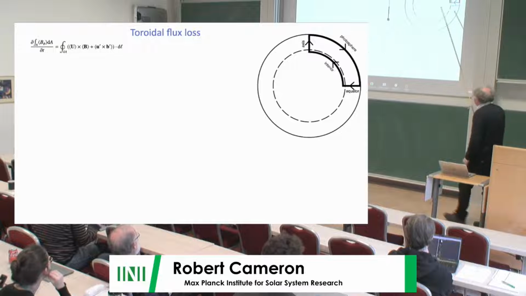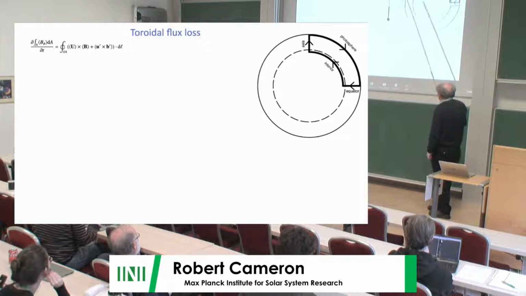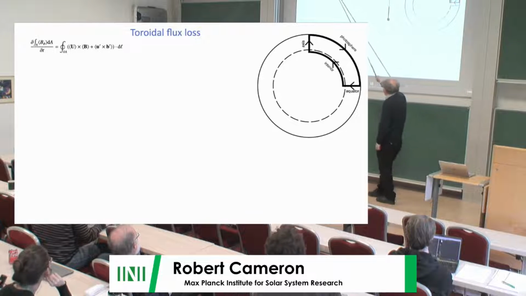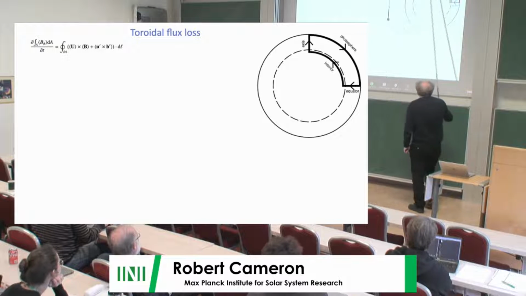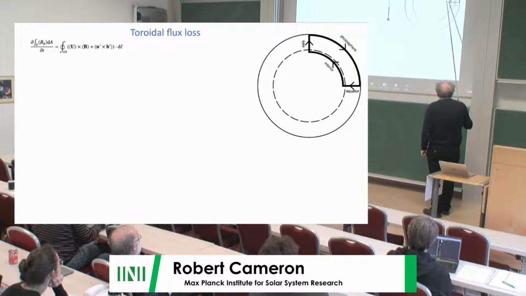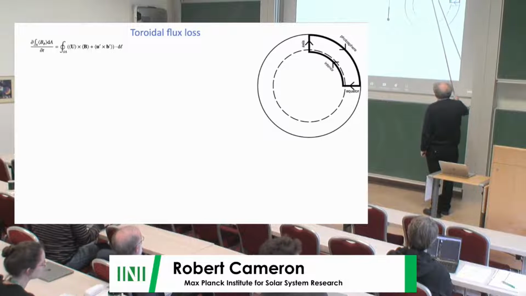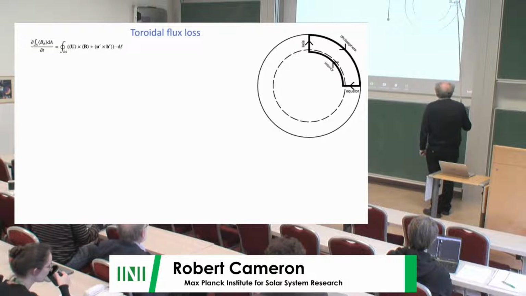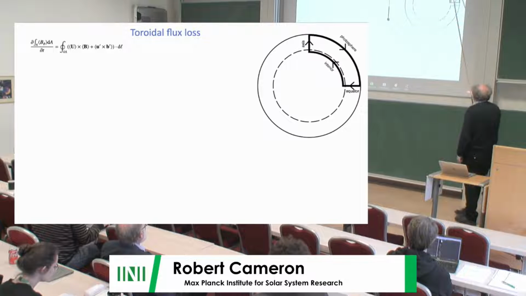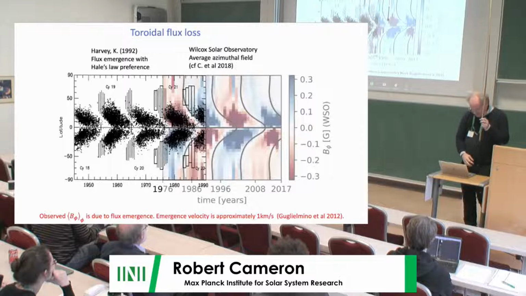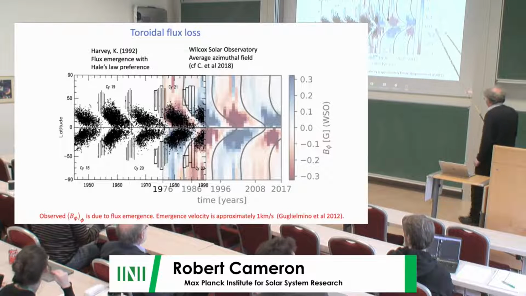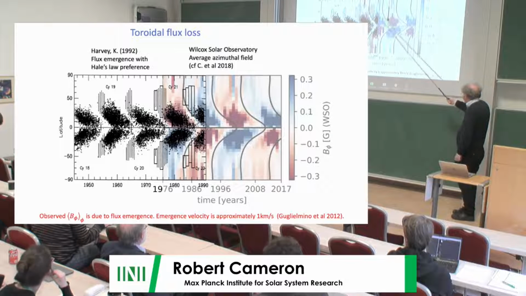When I want to look at the toroidal flux loss, I'm now going to be concentrating on this U prime and B prime components. There will be diffusive losses for all of these segments, but because of symmetries, they'll just be diffusive losses. And something's going to happen at the photosphere, and at least we can estimate or calculate how much is lost through the photosphere, because it's going to be coming from flux emergence.